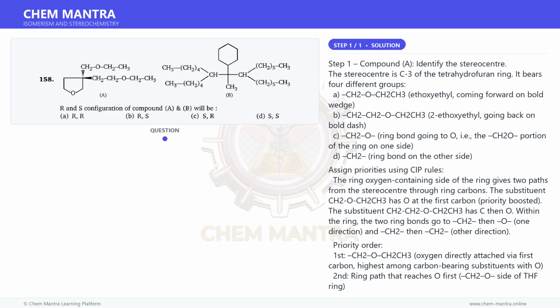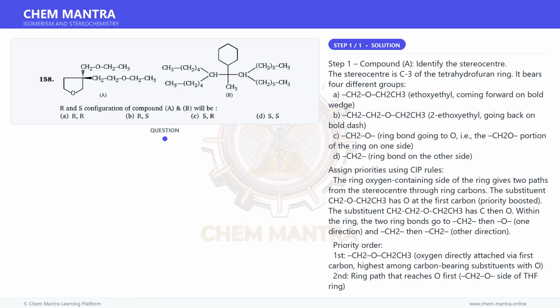Tiebreak between top 2 and between bottom 2 at next level. The CH2OCH2CH3 oxygen leads to C, C, H at next level, ring CH2O leads to ring closure, phantom atoms. CH2CH2O leads to O, H, H at next level, higher than ring CH2CH2 which leads to C, H, H. Final priority order. 1.